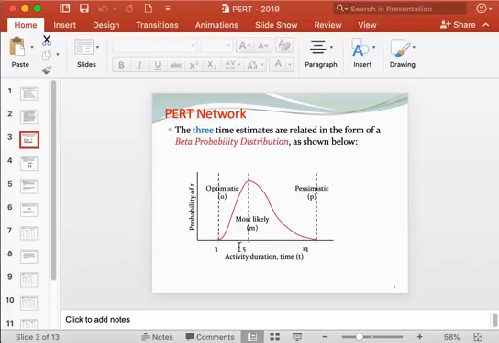If you look at this probability distribution function, the most likely time has the highest probability, and the optimistic and pessimistic times have the lowest probability.